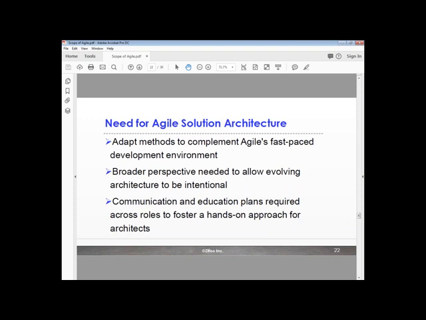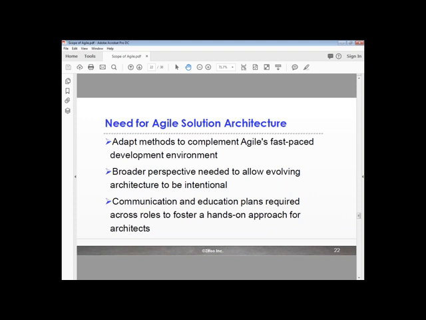So that architect needs to see the bigger picture, needs to know what's coming downstream, needs to understand the relationships between systems. And for them to have that resource at the ready to do that kind of work, that application architect supporting Agile needs to get support, needs to have some coordination of this.